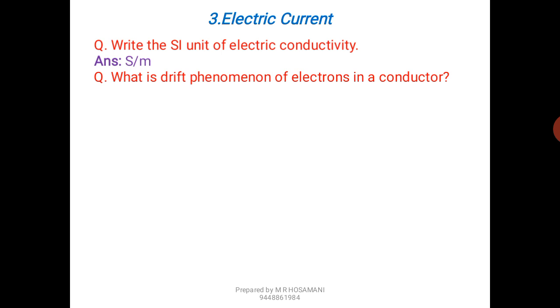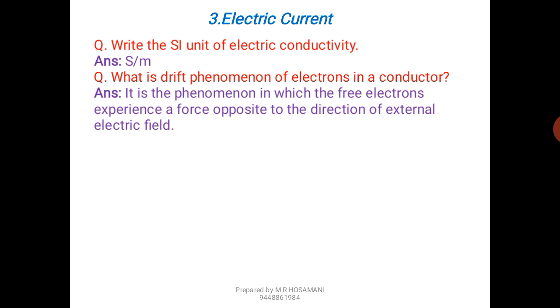Next question is, what is drift phenomenon of electrons in a conductor? It is the phenomenon in which the free electrons experience a force opposite to the direction of the external electric field.